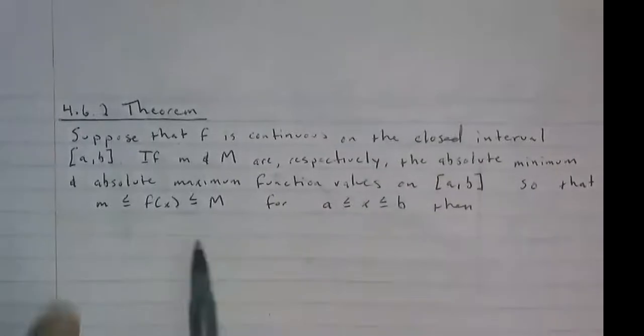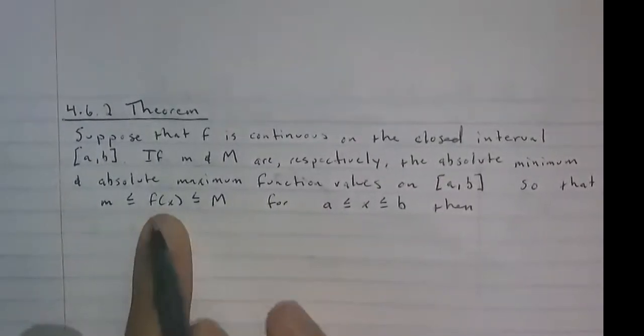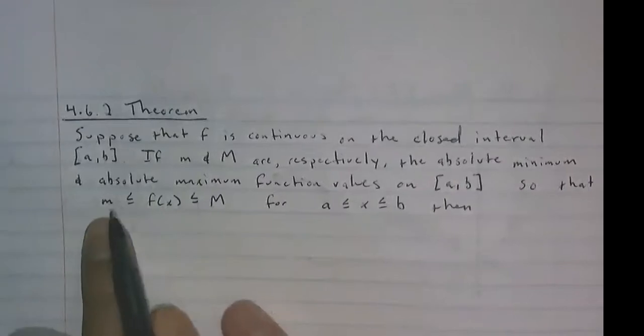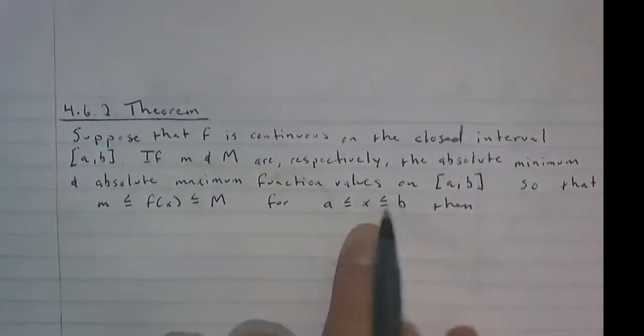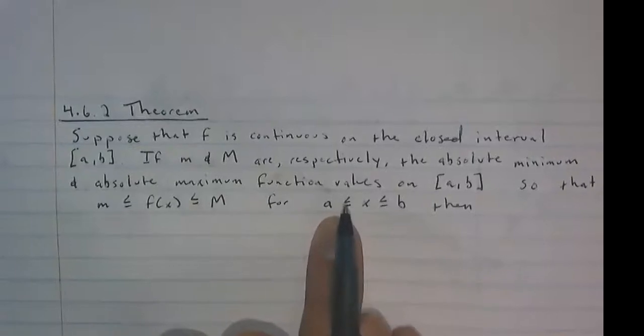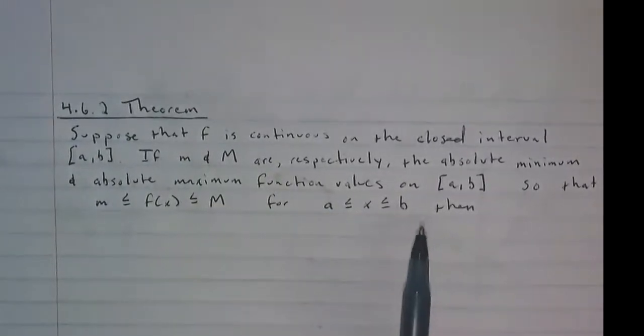This is what it means to be an absolute minimum and an absolute maximum on an interval. It means that your function is always greater than or equal to the minimum and always less than or equal to the maximum anytime your x value is on that interval. Okay? Literally just saying what minimum and maximum means.